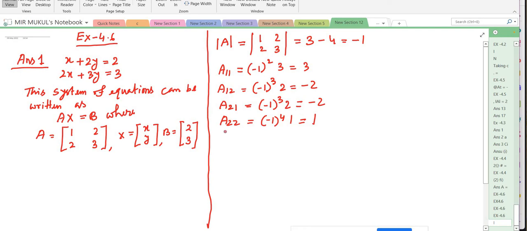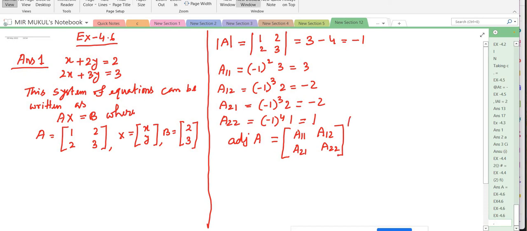After finding all cofactors, we write adjoint of A. We know that adjoint of A is A11, A12, A21, A22, its transpose.